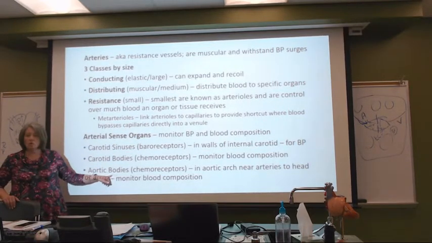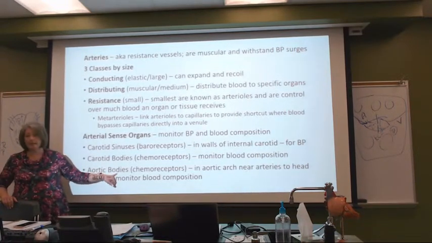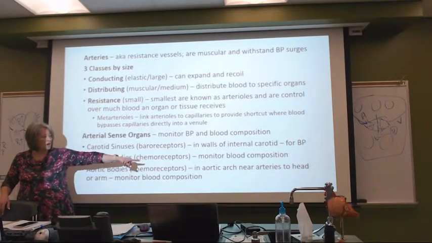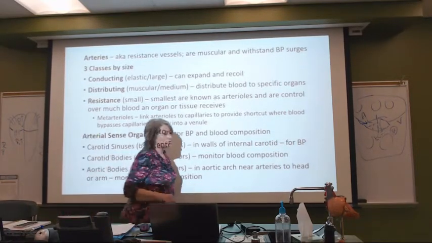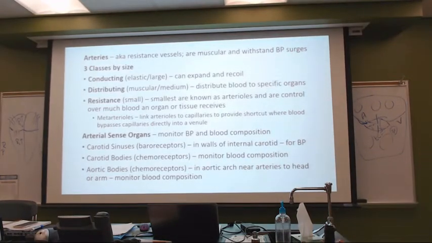In the aorta, I have some aortic bodies that are chemoreceptors. It's in the arch near the arteries that are going to be leading to the head and the upper body. They are monitoring my blood composition. They're looking at oxygen, CO2, pH. All right.